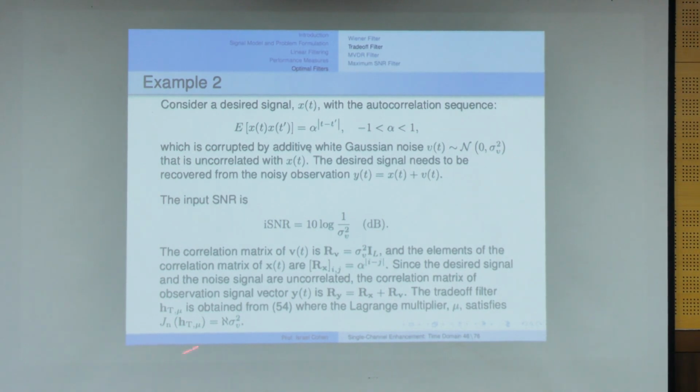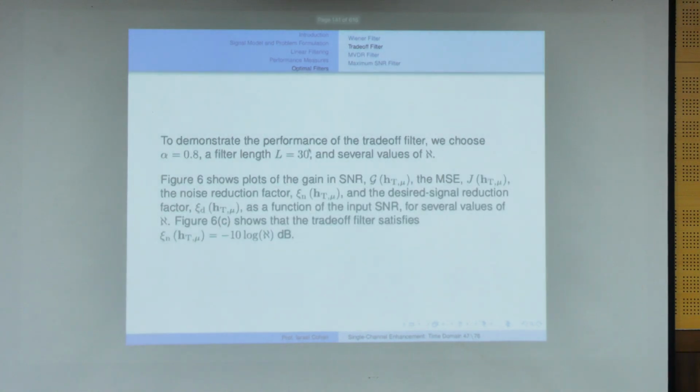Okay, so let's continue. We can find the trade-off filter from the previous equation, and we can also find mu that satisfies this constraint for different values of aleph. First, let's assume a certain example.